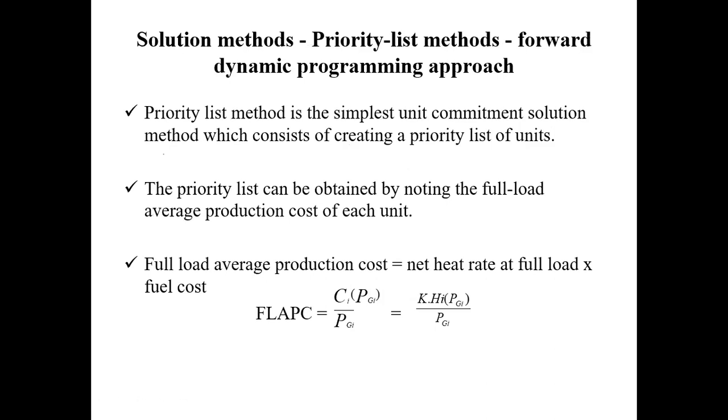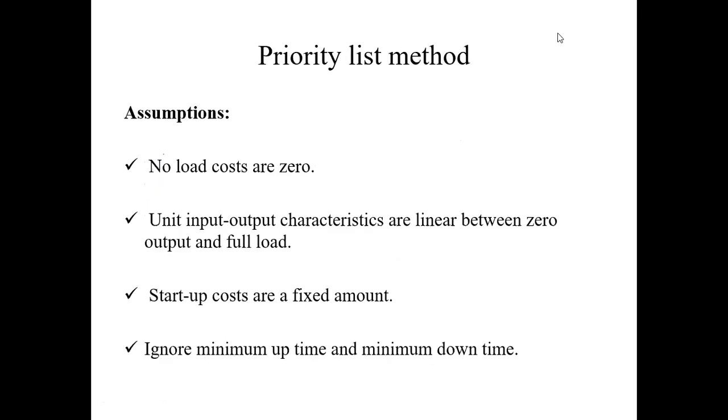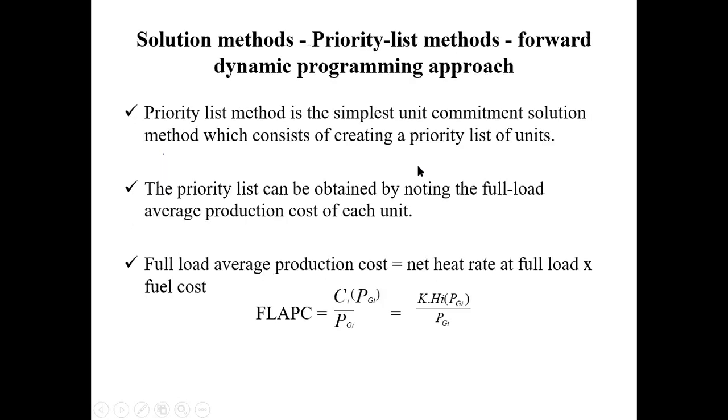Priority list method. The priority list method can also be done by means of the forward dynamic programming method. This priority list method has a simple approach called full load average production cost, FLAPC.